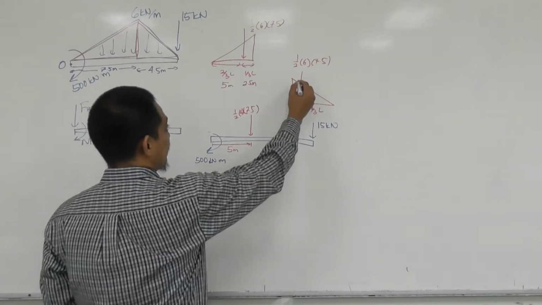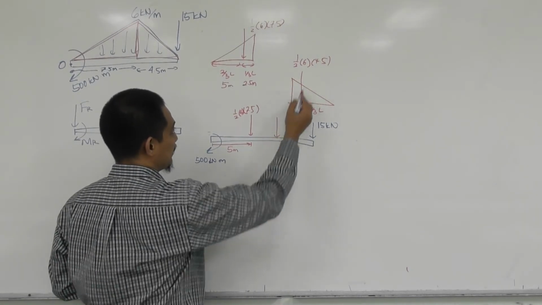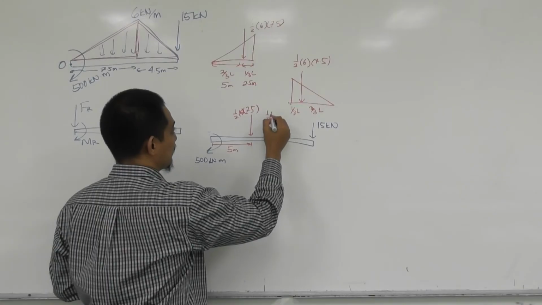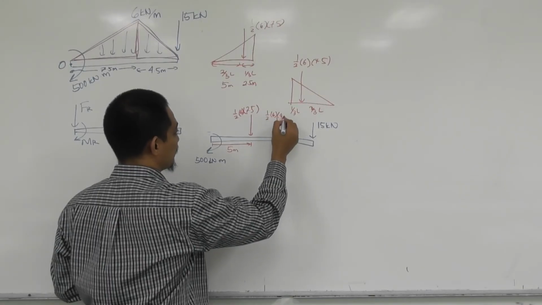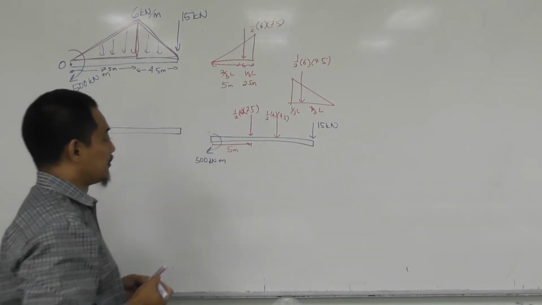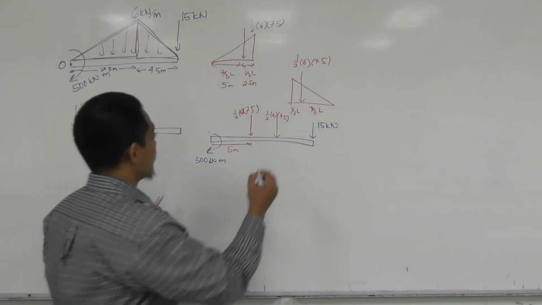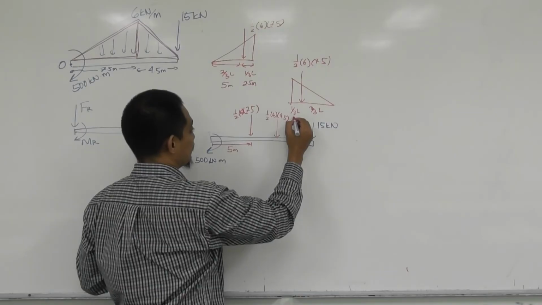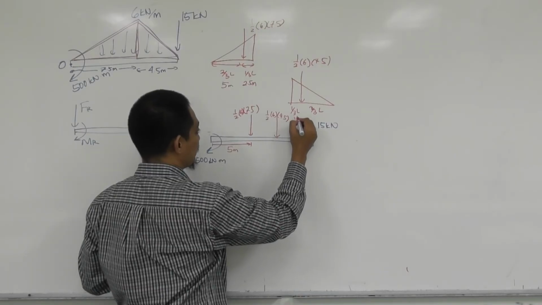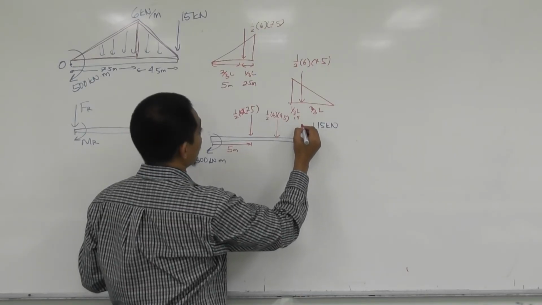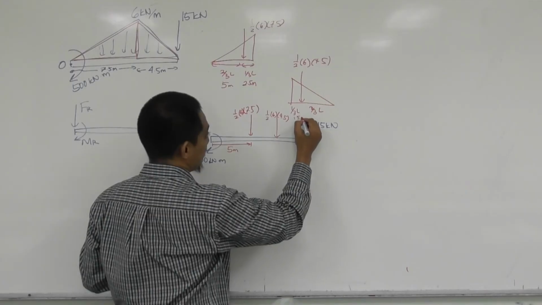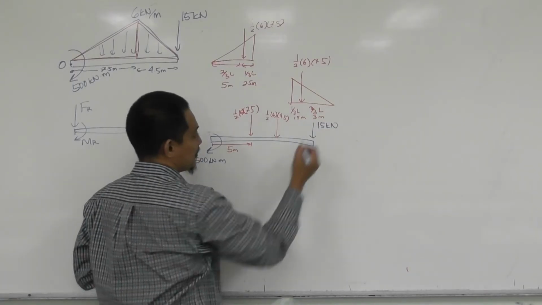And then for this one, we have another force here, where the value is half times 6 times 4.5. The distance will be what? Here it will be 1/3 of the length, which, based on this 4.5, will be 1.5 meter, and this one will be 3 meter.